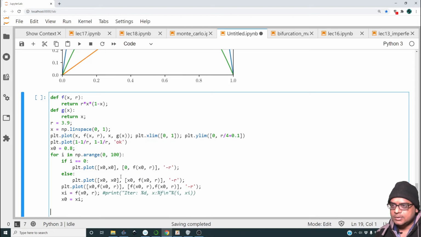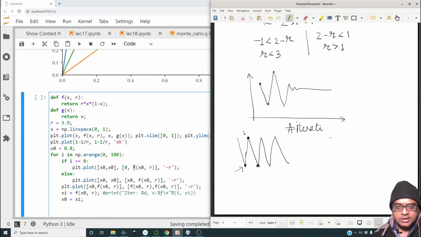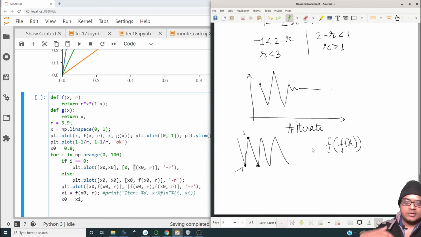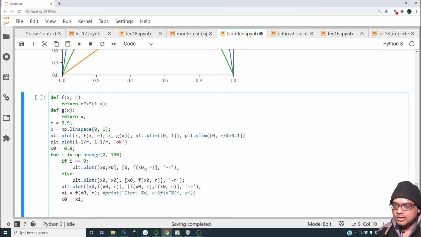Let me go over here, paste this. Now let me define f of x, r as something else. So here we want the double iterate, meaning f of f of x, because it's going in a 2-cycle, so we want to see the iterate of the iterate because that appears to give us two roots. So let me modify this code so that it returns us the f of f of x.